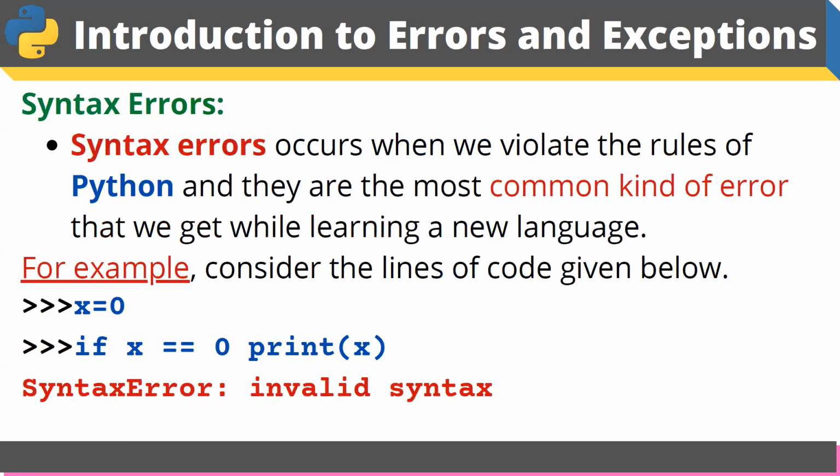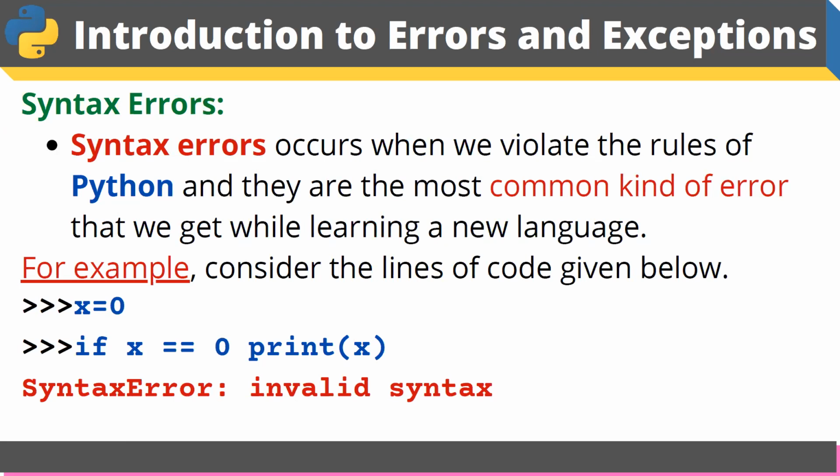So we will see some examples for these errors. Syntax errors occur when we violate the rules of the Python programming language, and they are the most common kind of error that we get while learning a new language. For example, consider the below lines of code: x = 0, and if x == 0, print x.